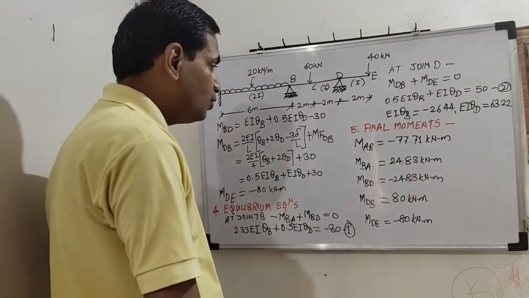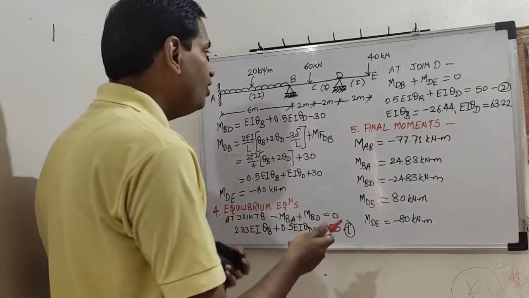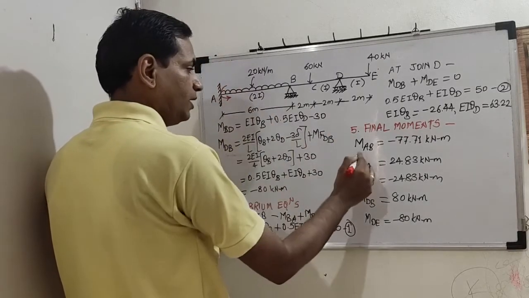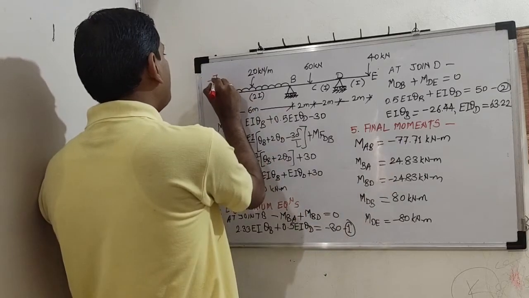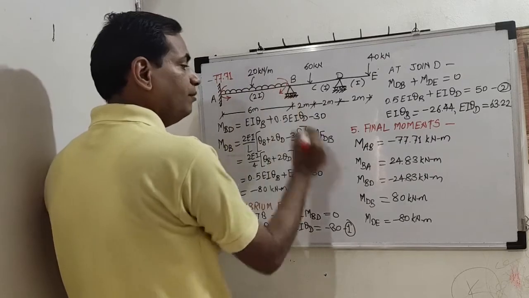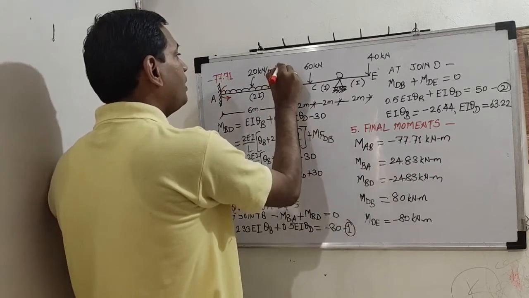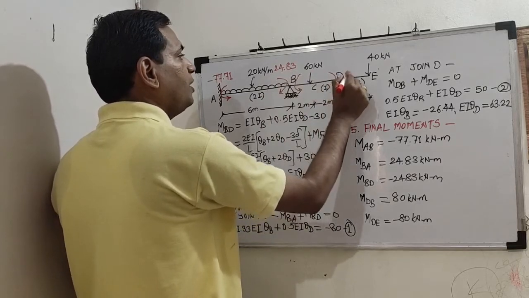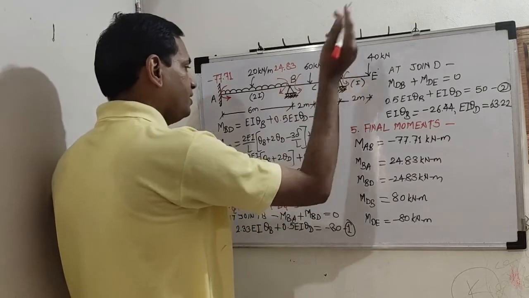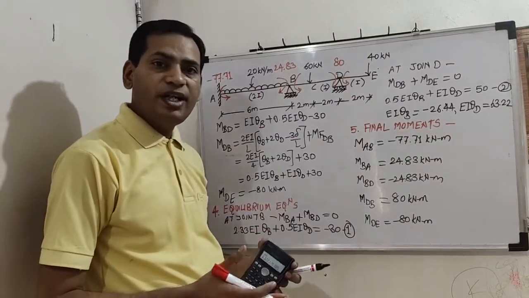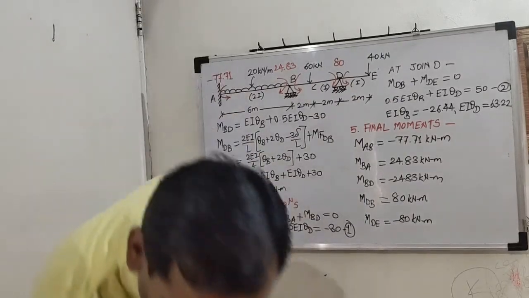I will just show these final moments here in the diagram. MAB is minus 77.71, MBA 24.83, this is 80. That's it. Now we will go for finding out the reactions. Step number 6.